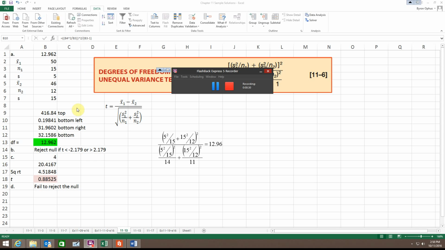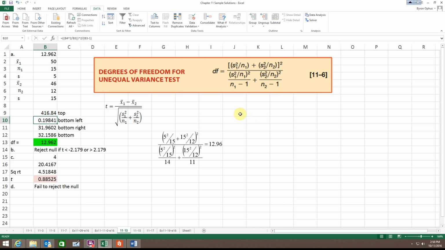First it says, and we got to do, if you look up above again, it says determine the numbers of degrees of freedom. Go back to page 361, and right there, about 2/3 of the way down, it says degrees of freedom for unequal variance tests.